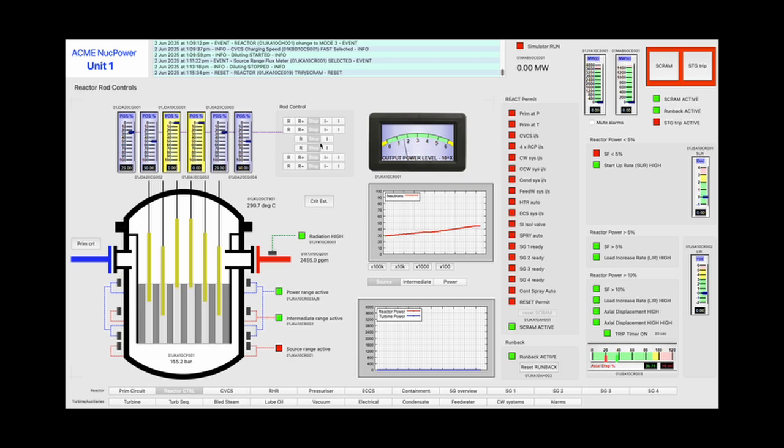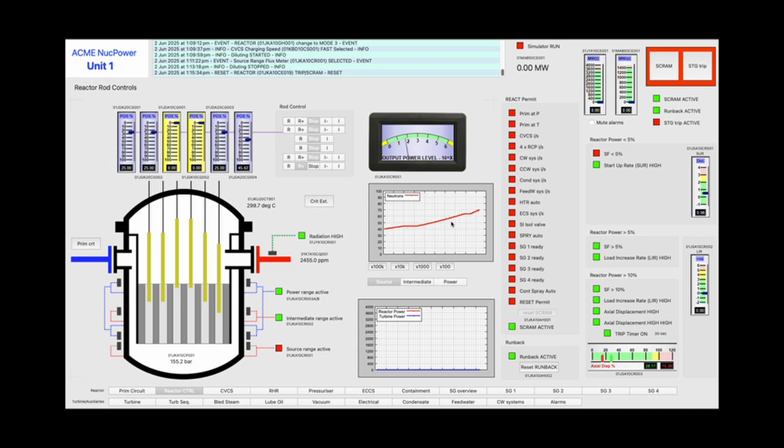Continue to retract control rod 2 and stop it at the 25% position. Continue to retract control rod 4 and stop it at the 25% position.